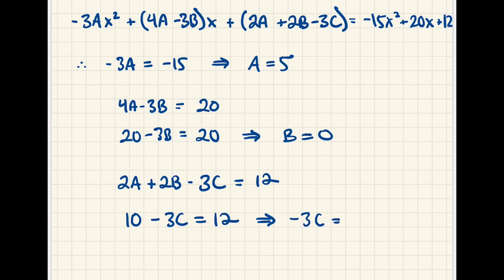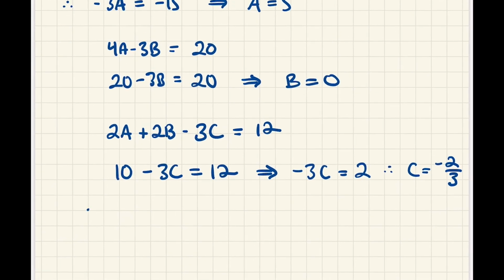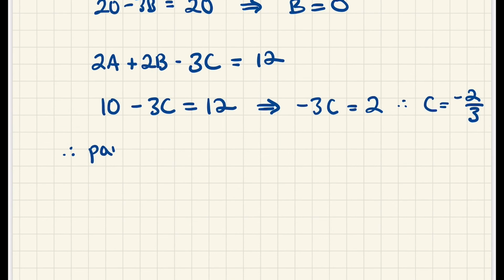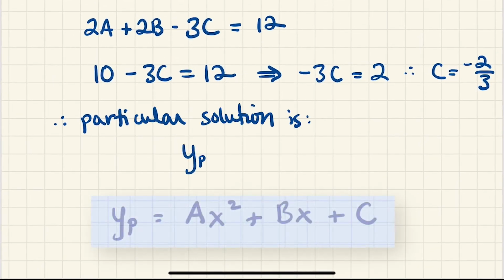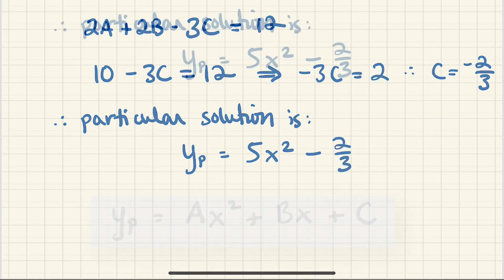Negative 3c is 2, so c is equal to negative 2/3. Okay, so the particular solution is yp, so that was ax squared plus bx plus c. So in this case, that's 5x squared plus bx, well, that b is 0, plus c, so minus 2/3.